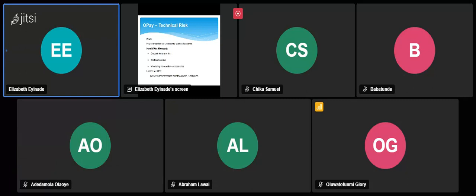Gradual feature rollout. When Opay started, they didn't have a lot of features like they do now. I'm not sure they had Spend and Save then, or OWealth, all of those things. So they were gradually rolling out features. That was how they were able to tackle the high transaction volume risk.